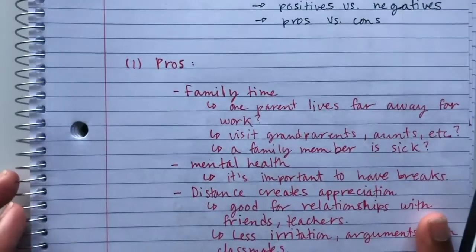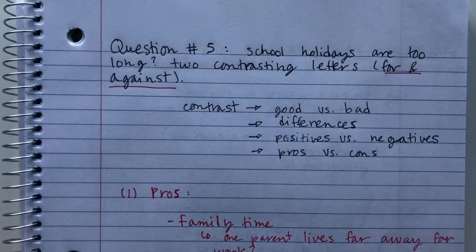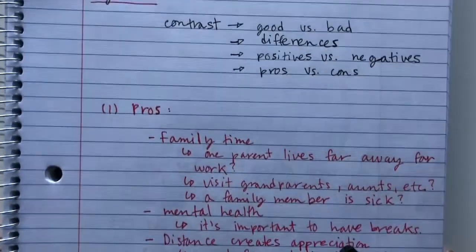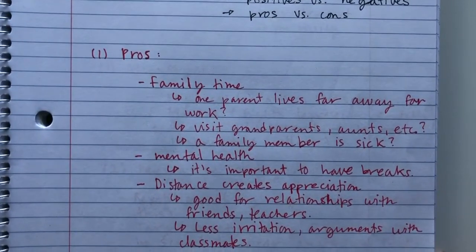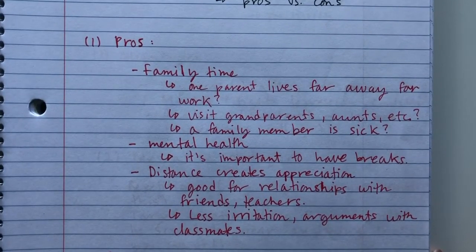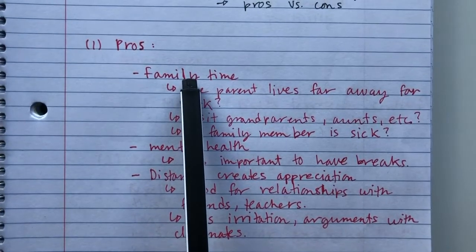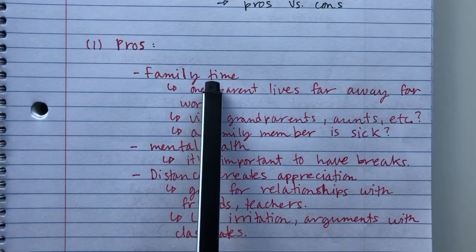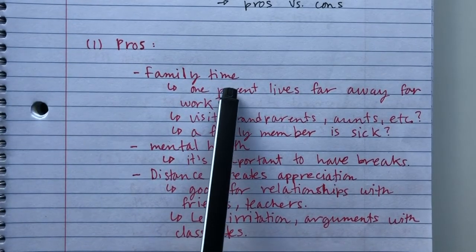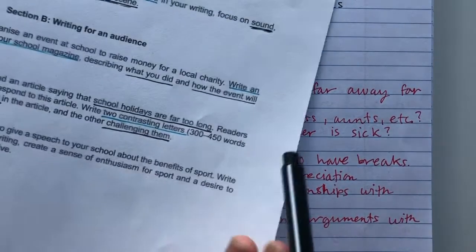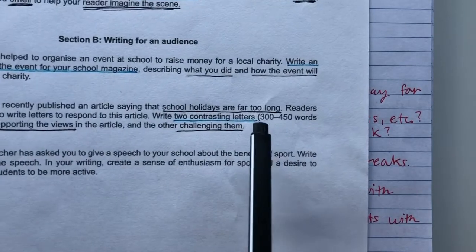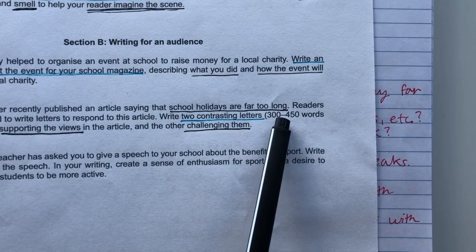So now let's take a look at arguments for both sides, right? Because that's what you're supposed to do. Find arguments for both sides. So let's start with the pros. We have school holidays are far too long.